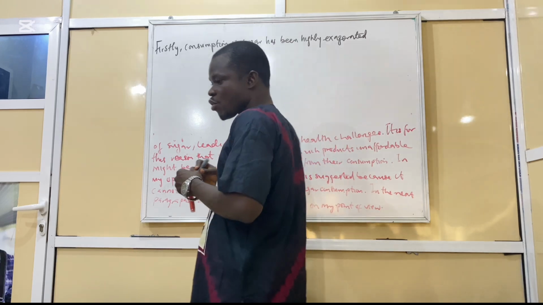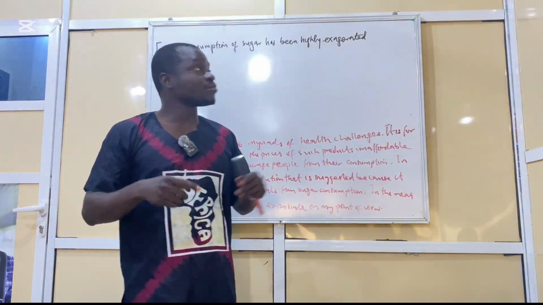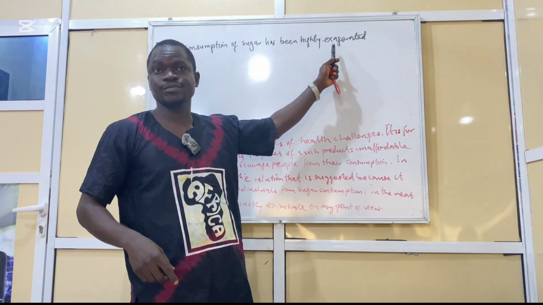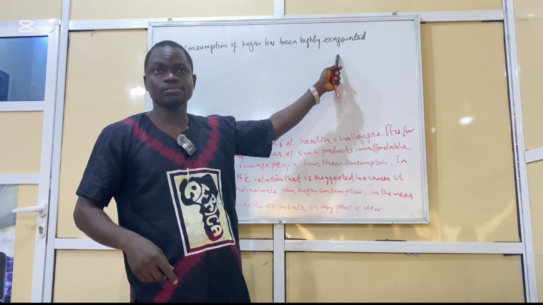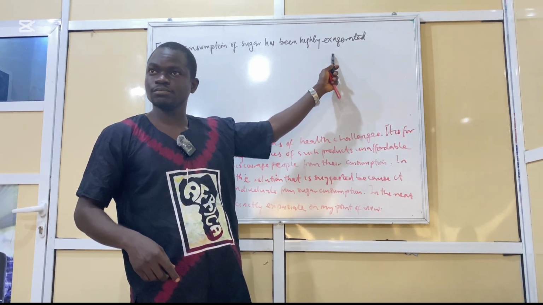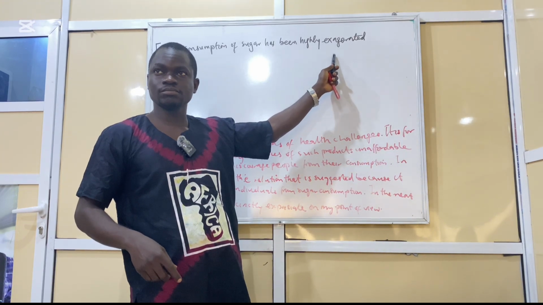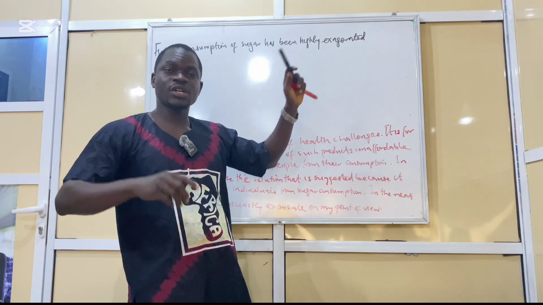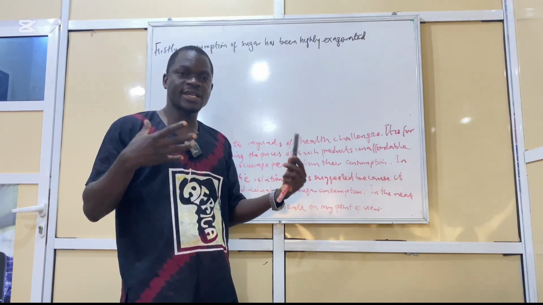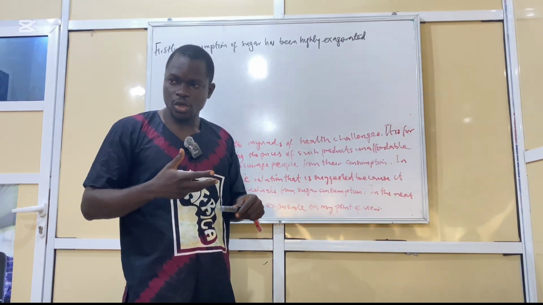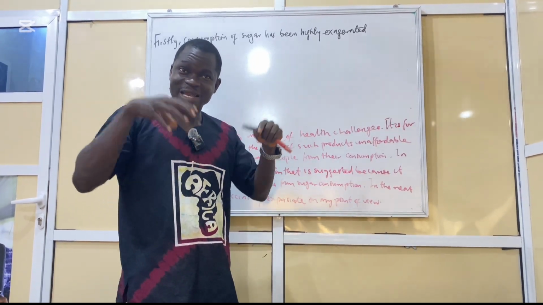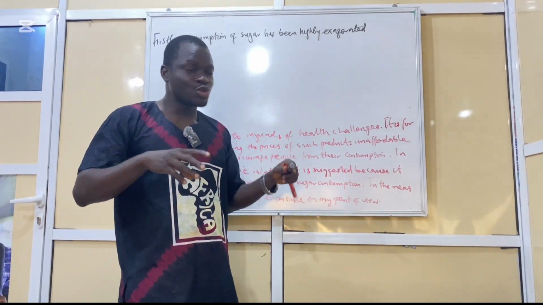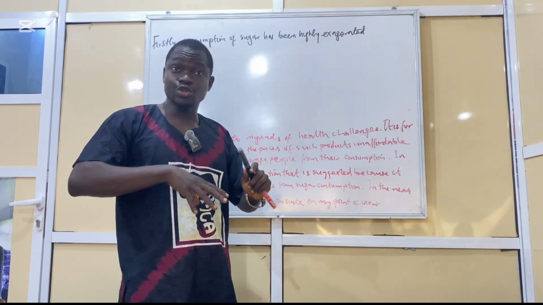Now, if while writing the exam, this spelling, is it correct? If you're writing your essay and you are not sure of the spelling of anything, or it jumps off your mind, at that point the best thing you should do is to just skip that word and use something else.